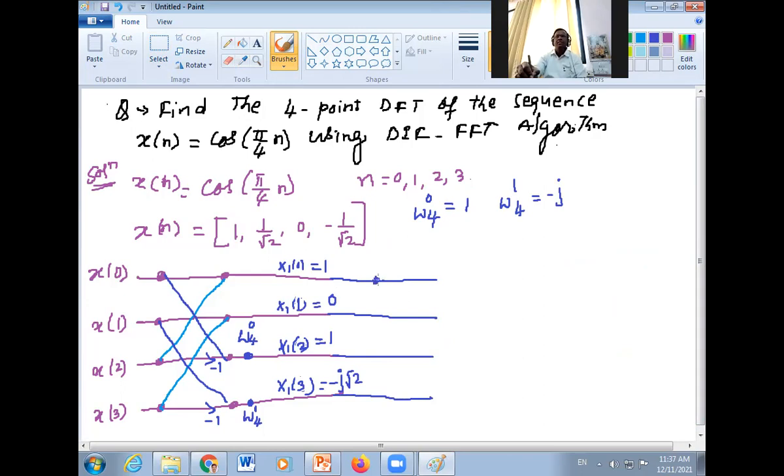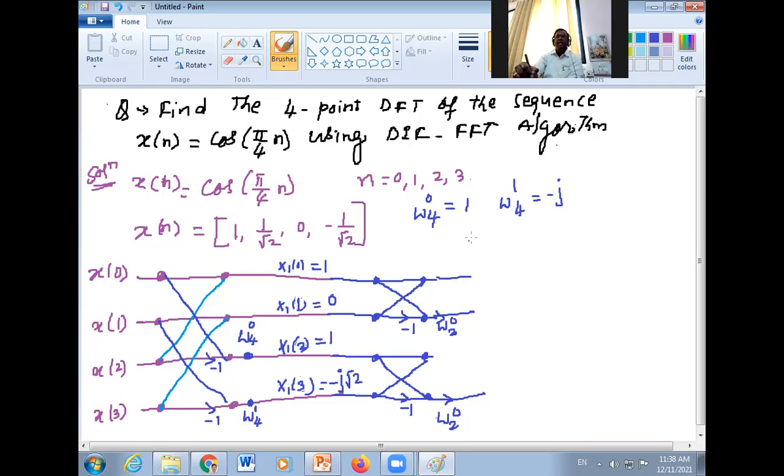And again, let us draw the flow diagram or the butterfly diagram we can call. So here minus 1 is there, and here again minus 1 is there. So the multiplier for this is W2 to the power 0, and this part again W2 to the power 0.